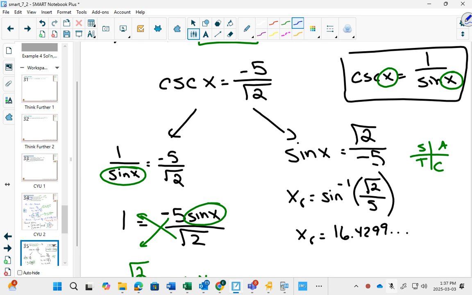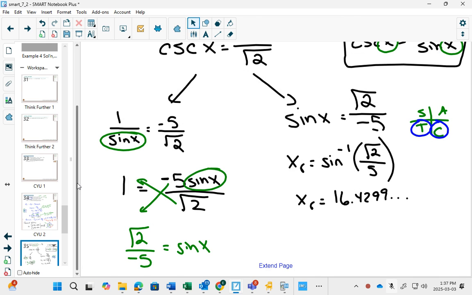Sine was negative, so we would be looking in quadrants 3 and 4. So I would then write x equals, in quadrant 3, 180 plus 16, and it says to the nearest degree, so I can now round that just to 196 degrees. And 360 minus 16 degrees, rounded to the nearest degree, 344.